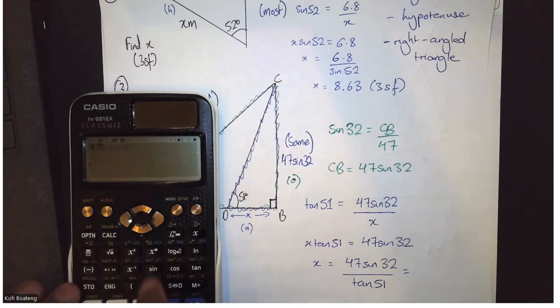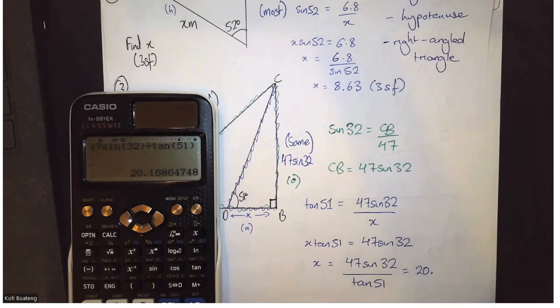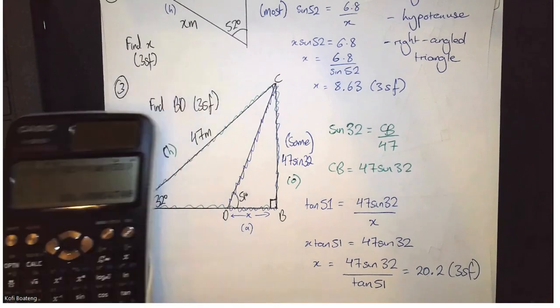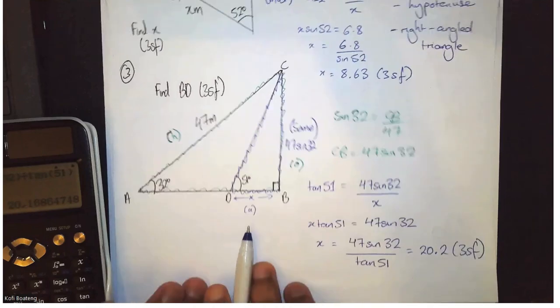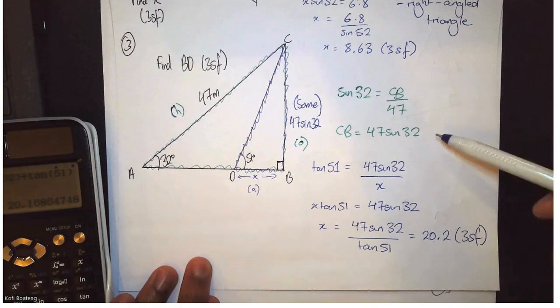So let's do 47 sine 32, and that's divided by tan 51. So we end up getting 20.2 to 3 significant figures. So this x here is 20.2, and you round at the very end, not at this step.